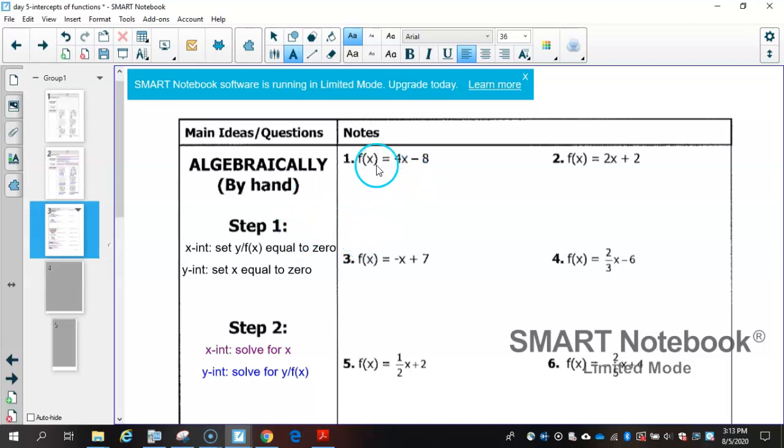So let's do our x-intercept first, and I need to set y or f of x equal to 0. Well, f of x is here. Let me change the size of this.